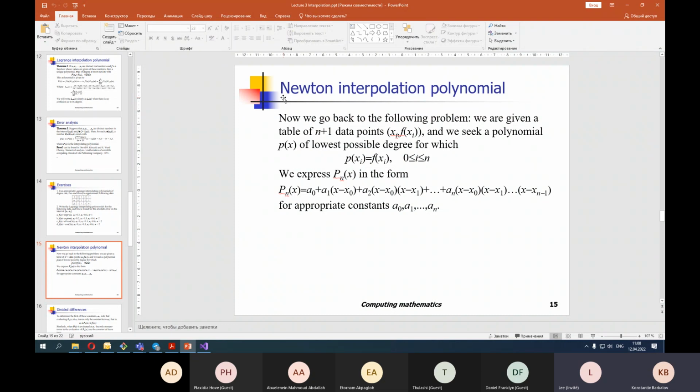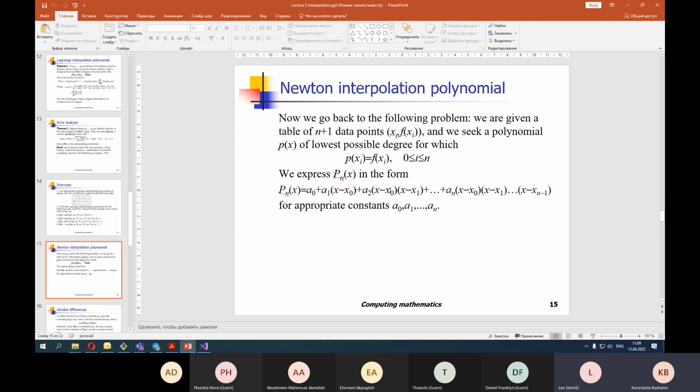Well, we come back to the initial problem statement. That we have n+1 data points, xi, f of xi, and we seek a polynomial of lowest possible degree for which p of xi equals f of xi for all the points from 0 to n.